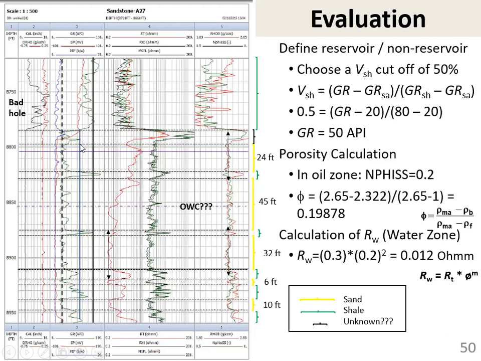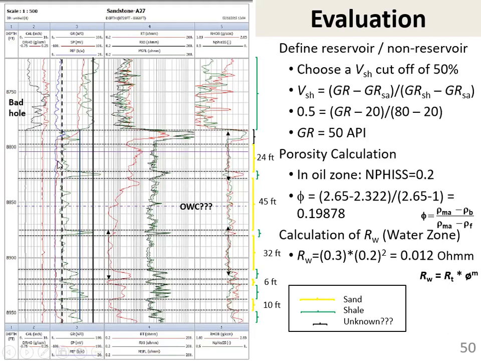In one of the videos, what we're supposed to do is to choose a shale volume cutoff of 50%. And this is what you do. First of all, you draw your sand line. Typically this is a modal value.